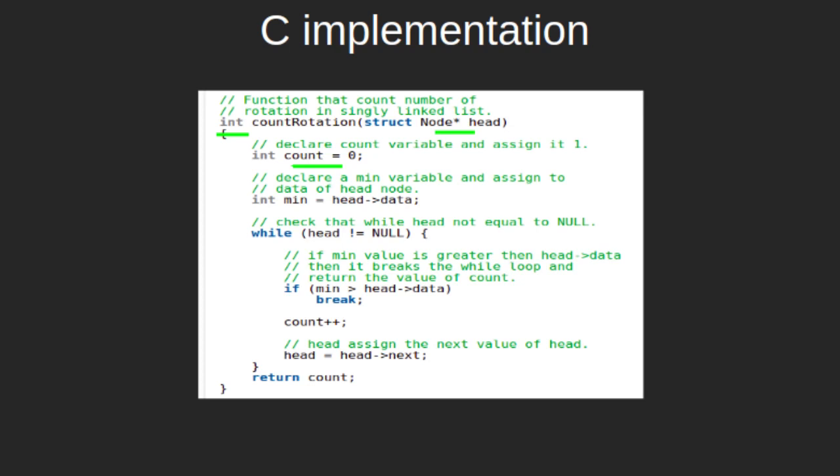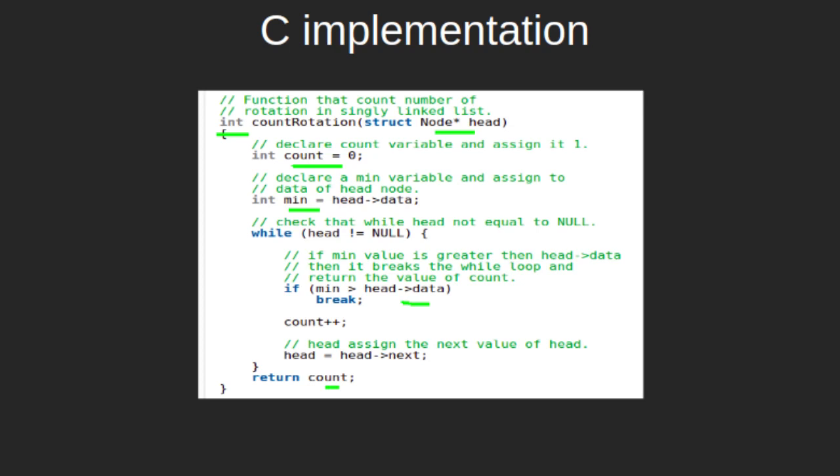We also declare a variable min, which we initialize with the head node value of the linked list. While traversing the linked list, in each iteration, we check if the value of min is greater than the current node value or not. If the value of min is greater than the current node value, then we break the loop and return the value of count.